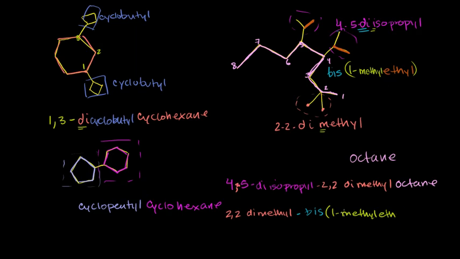Oh, sorry, I forgot where they're located. So we have them at the 4 and 5 position. So in the 4 and 5 position, we have 2 bis 1-methyl ethyl groups.